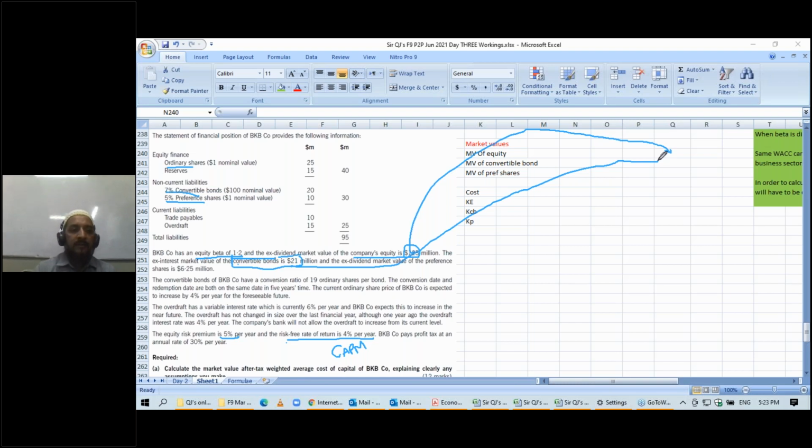And the market value of the preference shares is 6.25 million, which is given over here. So this is ready-made given to us, just plugging in figures.